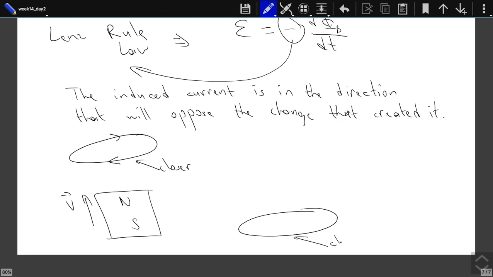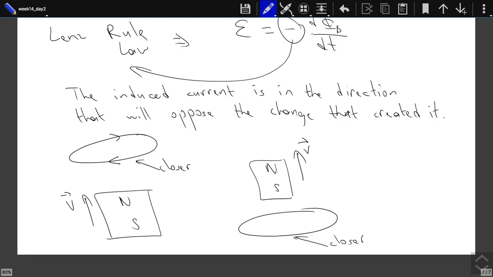This side is again closer. Let's say that it crossed the ring, now it's moving in the upward direction, it's going away. So what will be the direction of the induced flux? Well, let's see.